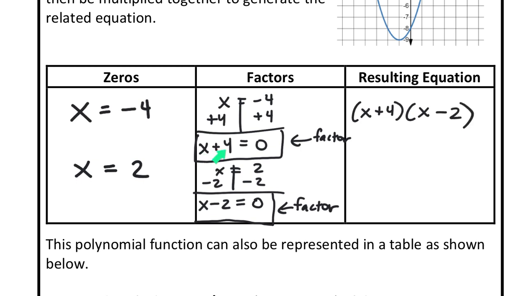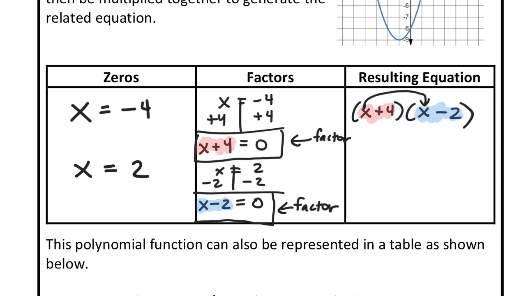So x plus 4 is coming from here, copying it over here. X minus 2, copying it over here. All right, so let me highlight them. So x plus 4, x minus 2. Right? And then we're going to multiply.